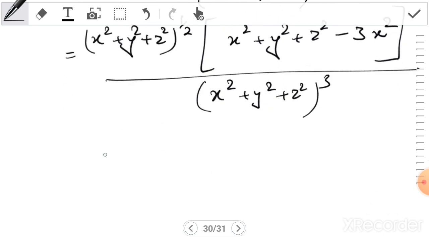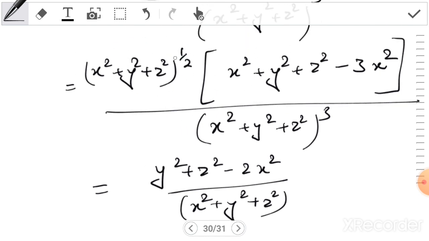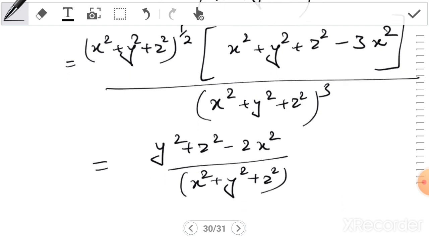So now, y square plus z square minus 2x square over (x square plus y square plus z square) to the power 5 by 2.